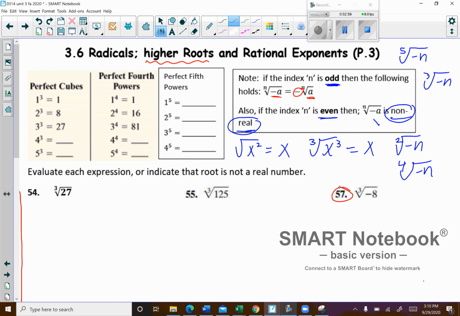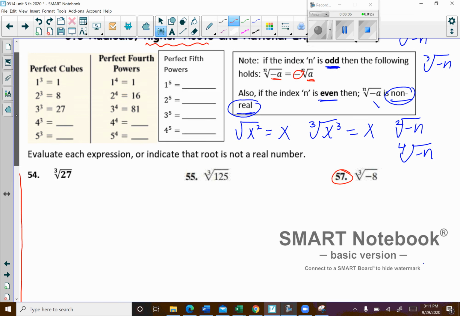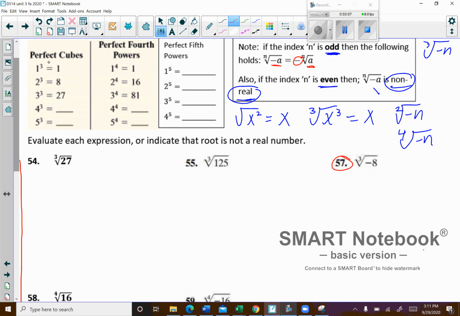Okay, so when performing these higher roots, what you'll want to do is probably have an idea of what your perfect roots are. So your perfect cubes, your perfect fourth powers and fifth powers, and so on. Like I said, we'll keep it pretty small. It can go as high as you want though, but for what we need this for, we're only gonna go up to the perfect fifth powers, okay?